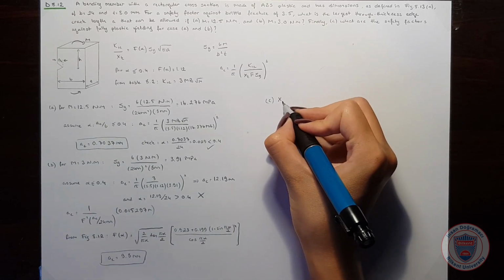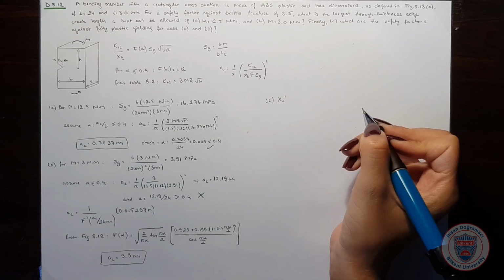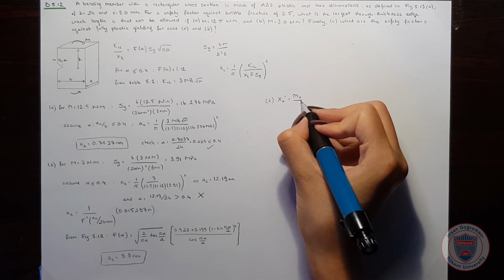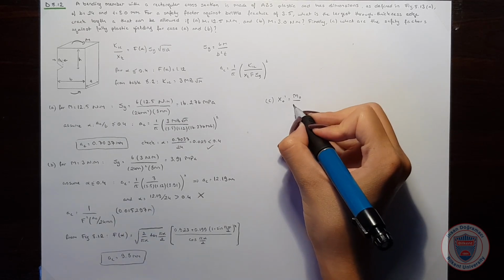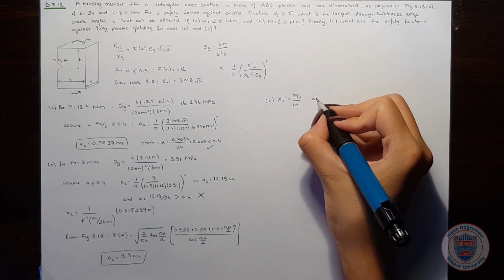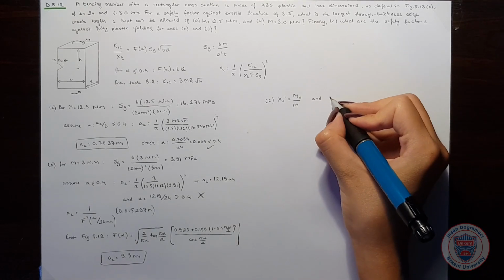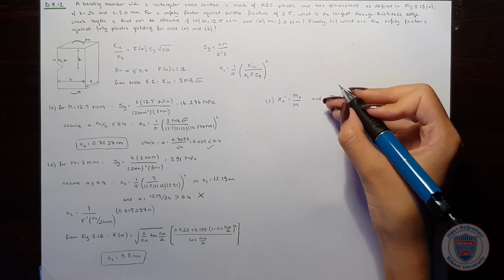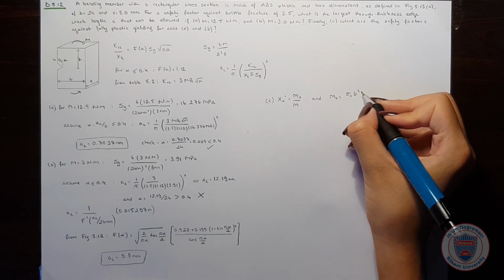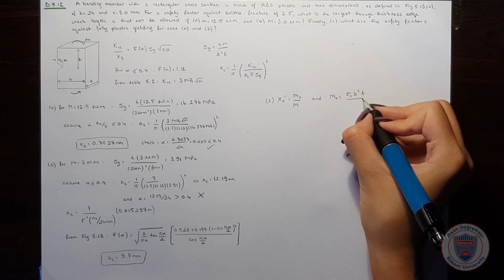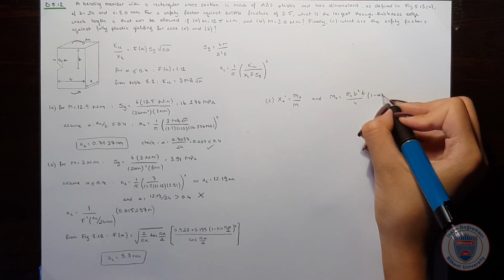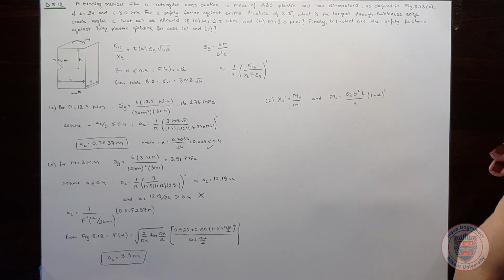We know that the safety factor against yielding will be the yielding moment over the applied moment. And we know that the yielding moment is equal to yielding strength times b squared times t over 4 times 1 minus alpha squared.